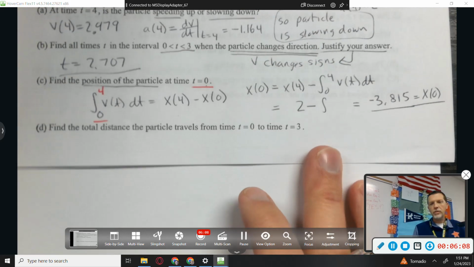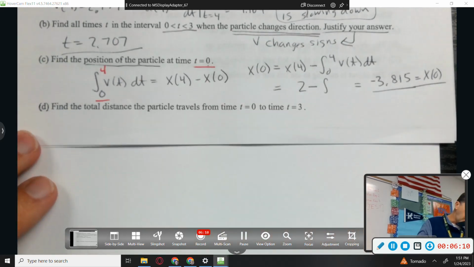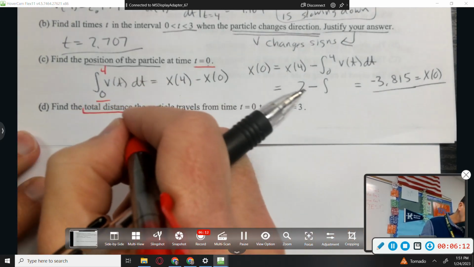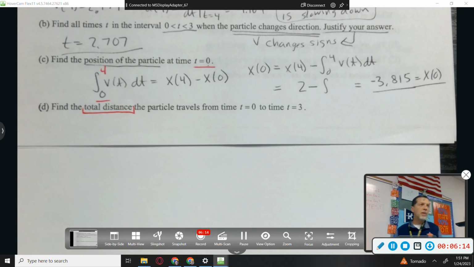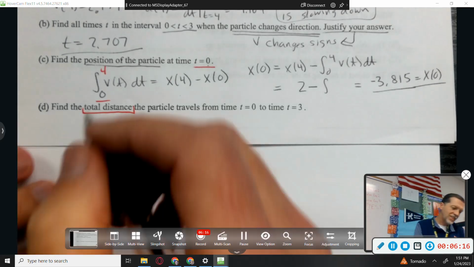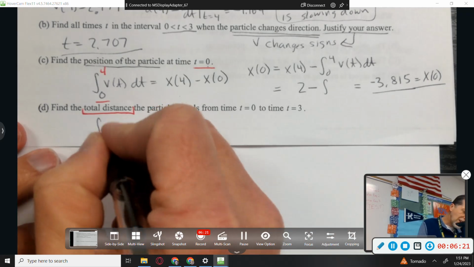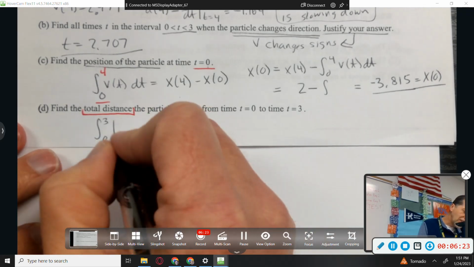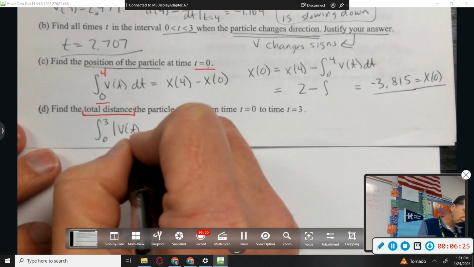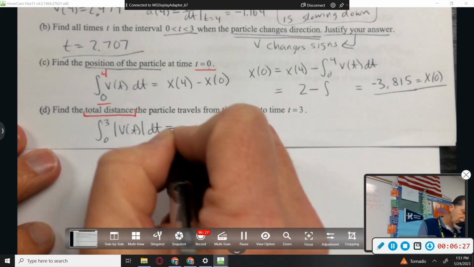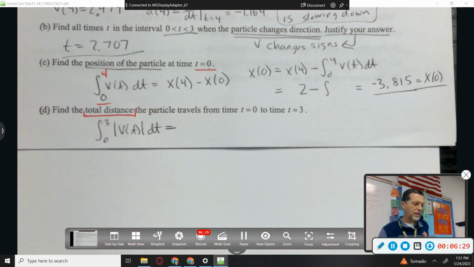Glad we got to do this one more time because this is the only new thing for this unit. Num abs, yes. That's how I'm going to remember total distance: num abs. So 0 to 3, total distance is the integral of the absolute value of velocity, and I just plug it into the calculator.